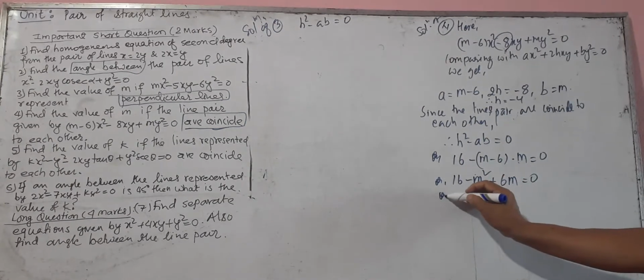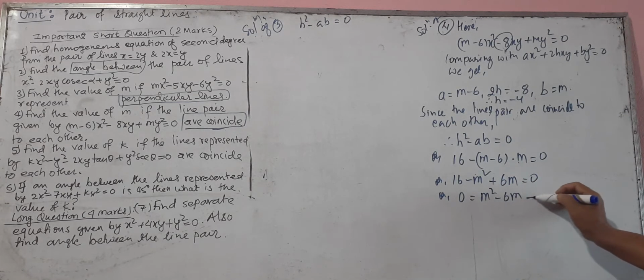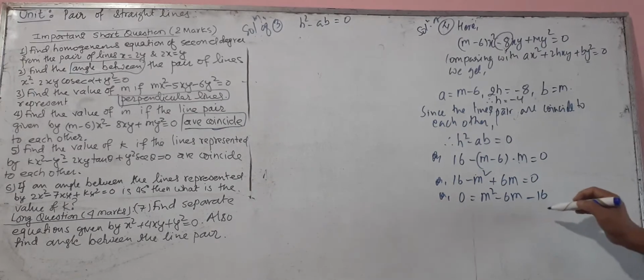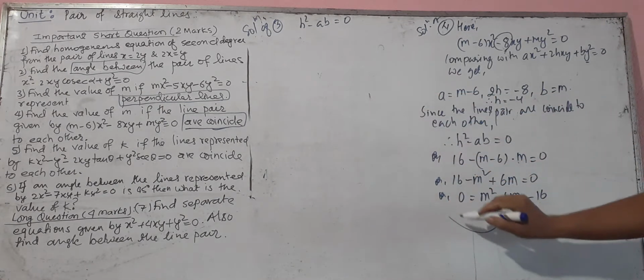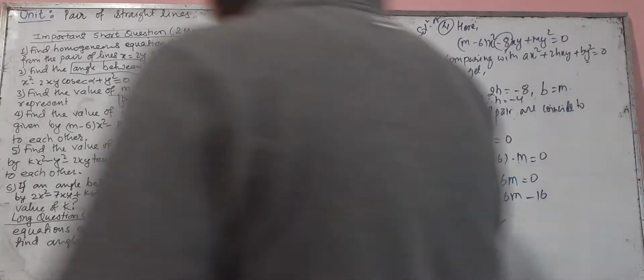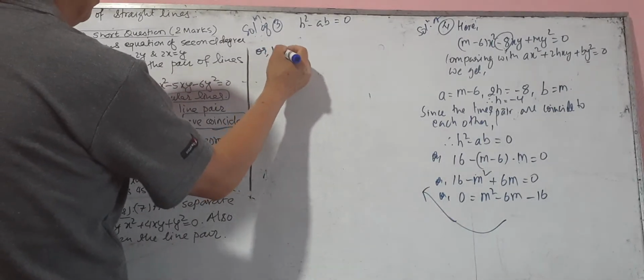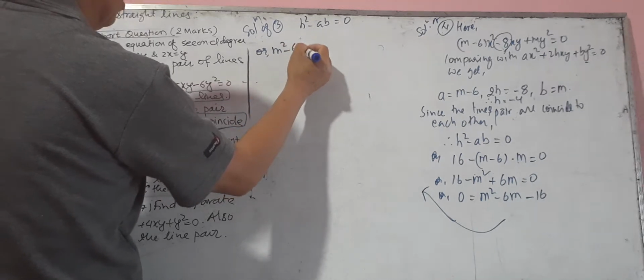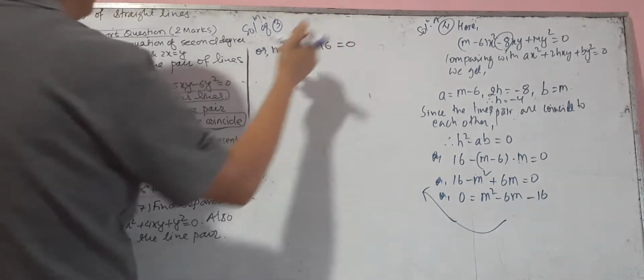Now taking to the right, 0 is equal to m square minus 6m minus 16, or you write m square minus 6m minus 16 equal to 0.